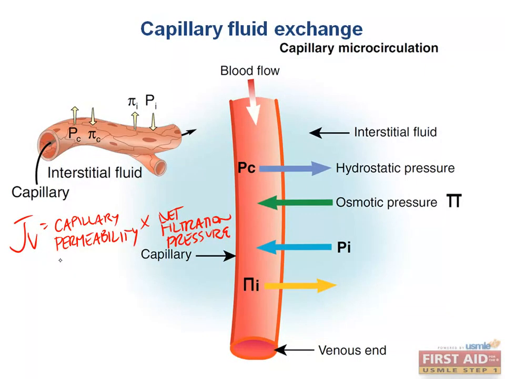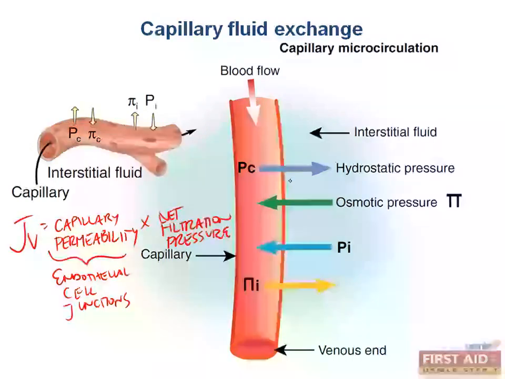So capillary permeability is the endothelial cell junction component, and then the net filtration pressure is just the difference between the hydrostatic pressure pushing fluid out of the capillary versus pushing fluid back in the capillary versus the osmotic pressure pulling water into the interstitium and pulling water back into the capillary.